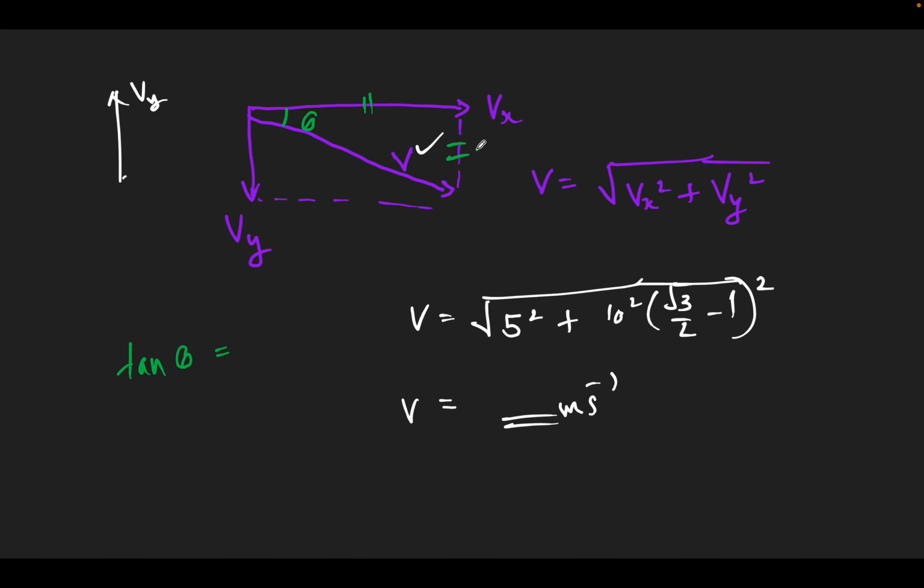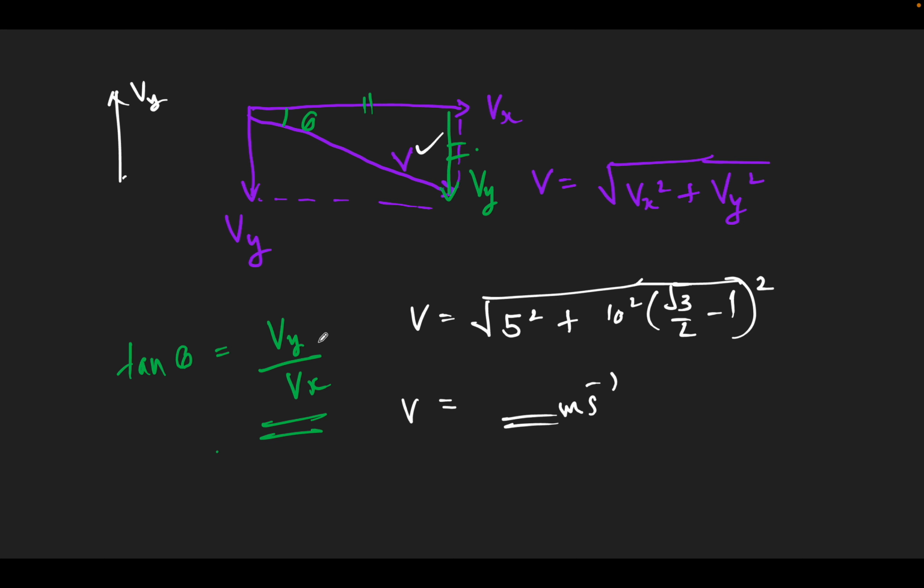This opposite side is nothing but Vy, divided by this horizontal length, Vx, right? So tan theta is equal to Vy by Vx.